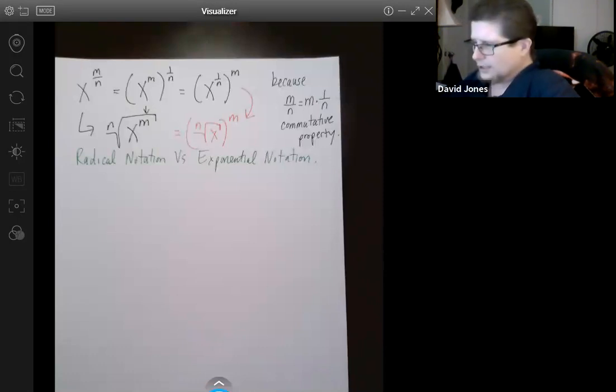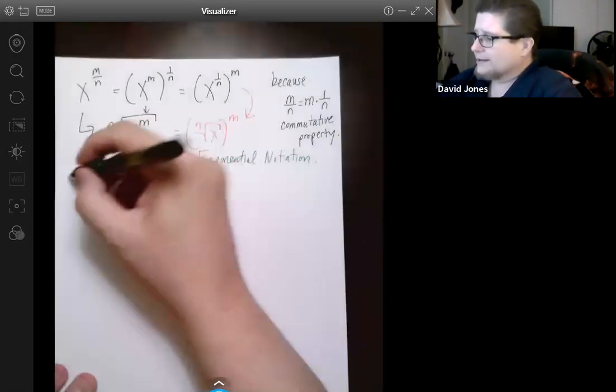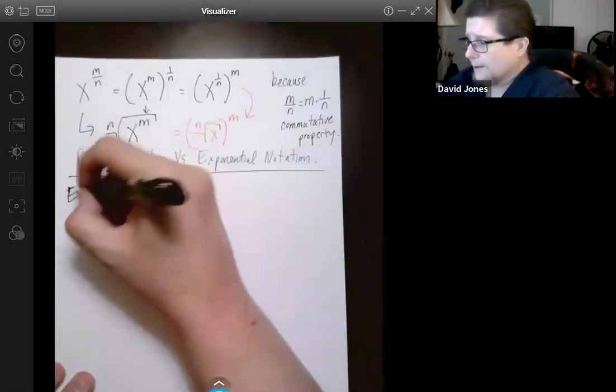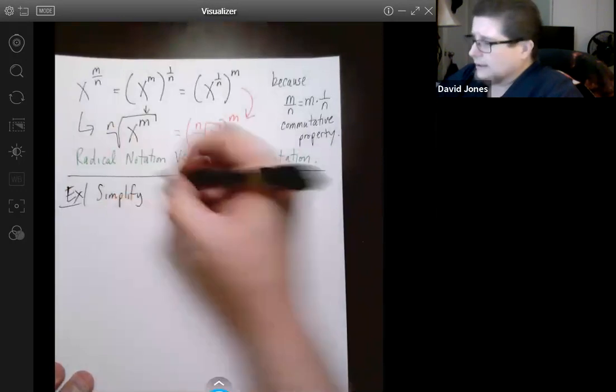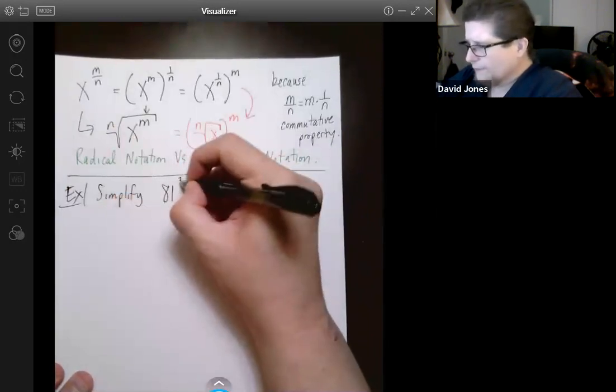So let's look at some examples and let's simplify some examples. Let's simplify 81 to the 3/4 power.